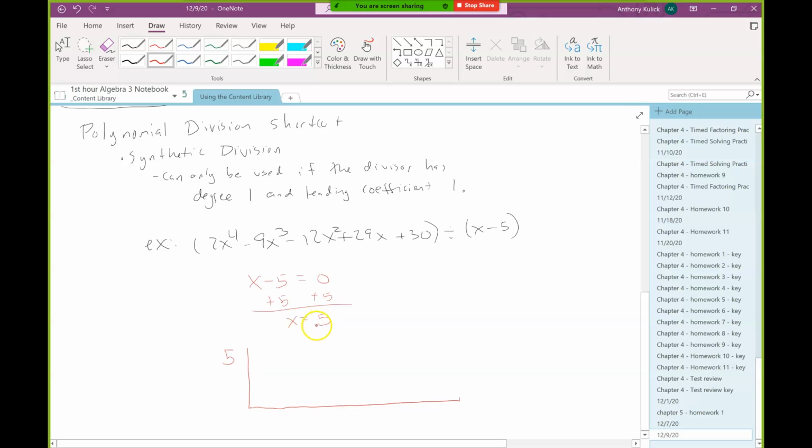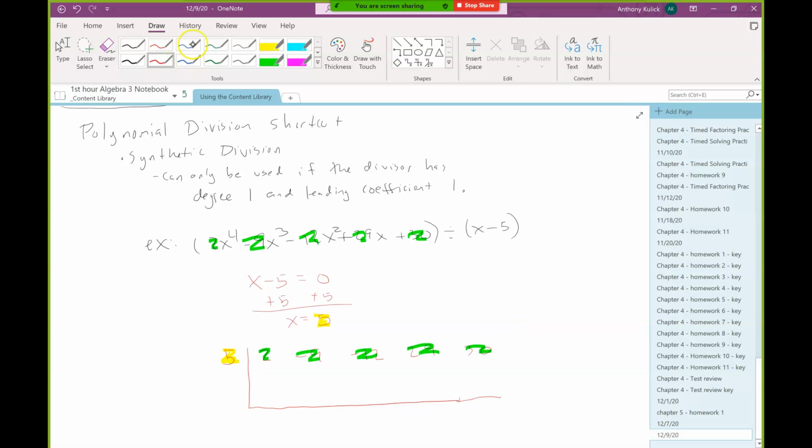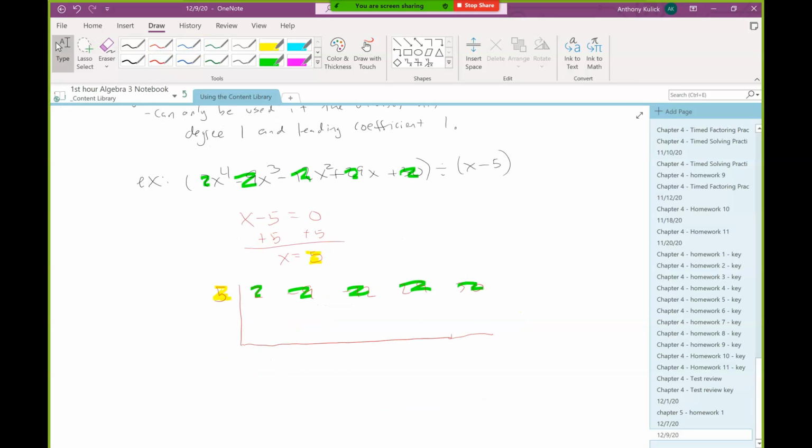We're going to put that number 5 on the outside. We're going to put the coefficients from our dividend in there. And then we're just going to go ahead and do that synthetic substitution process.